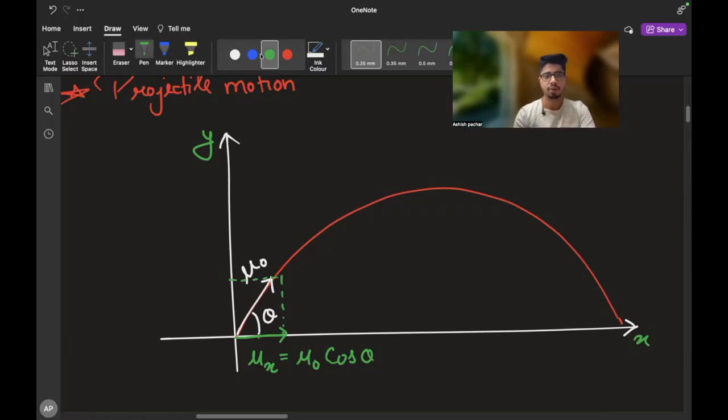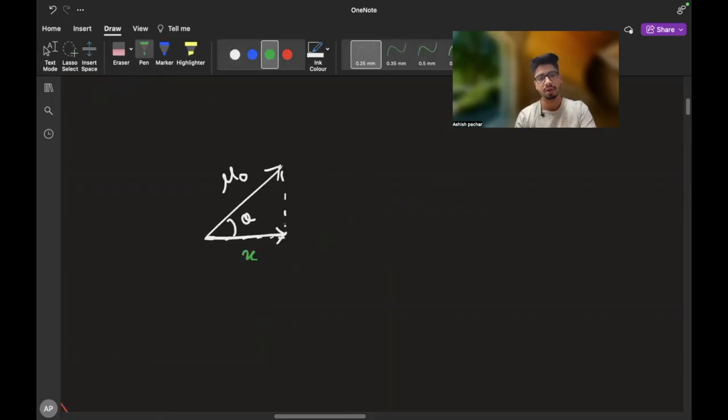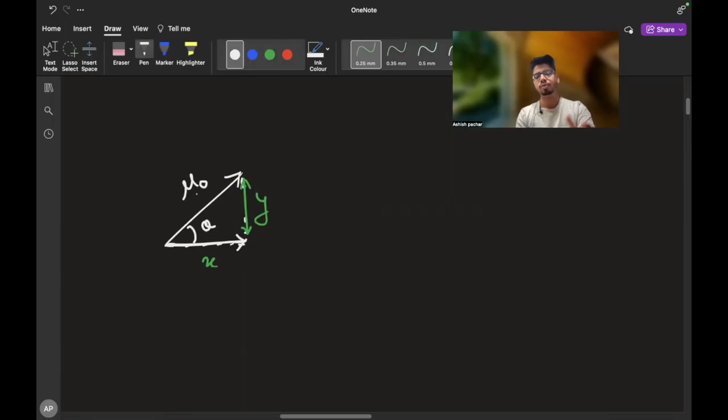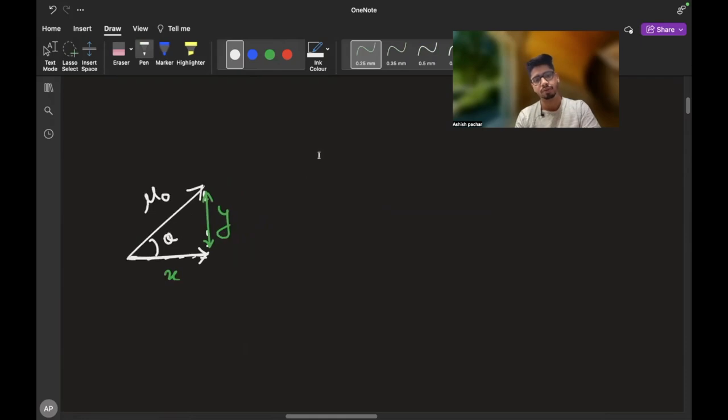Or if you want to understand it very well, this is u naught, the hypotenuse, and theta is given. Let me call this x and this y. The hypotenuse is known to you. You can think of it like this: the vector u naught, we are going to split it.